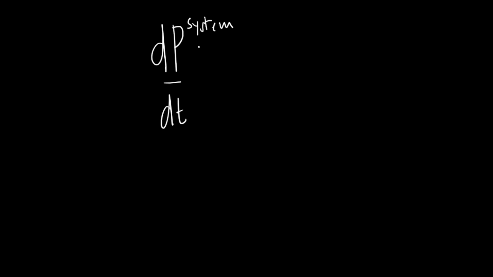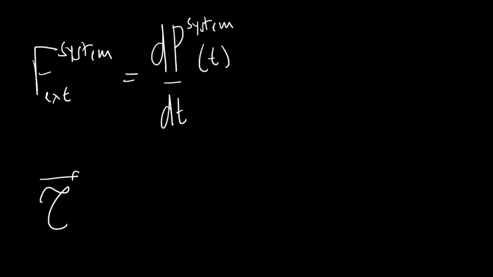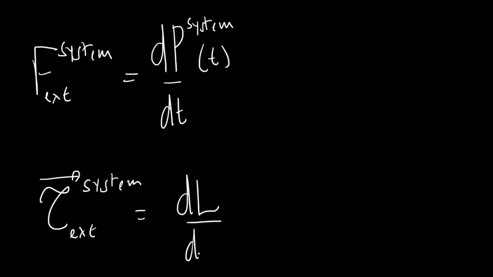So once again, there are two independent laws we have learned for a system. This is the first one, which we dwelled on for a long time, F external on the system. And today we had another equation, torque external on the system, which looks very symmetrical to this, equal to dL by dt of the system, at any instant of time. This is always true, and these are all vectors.